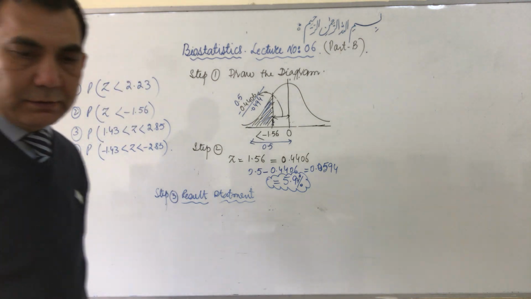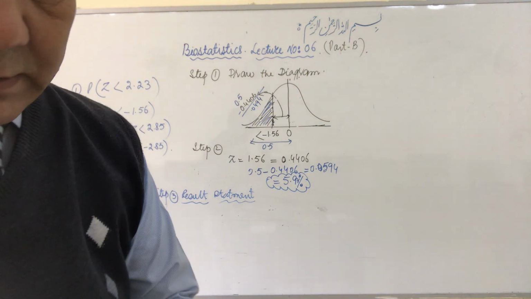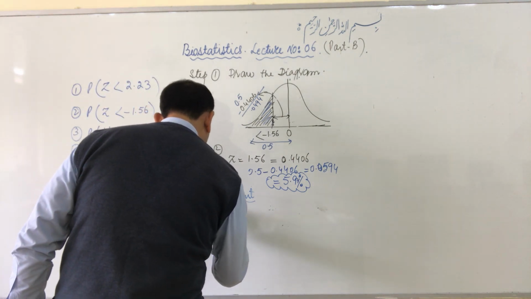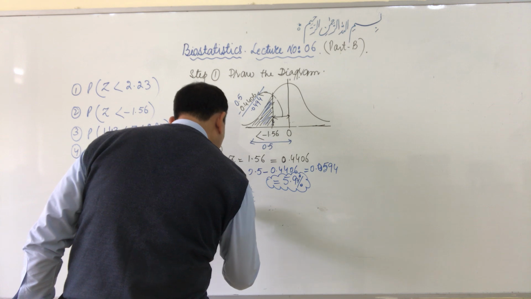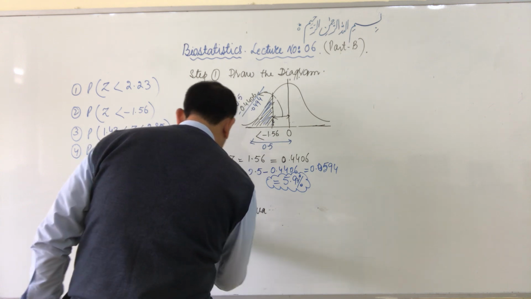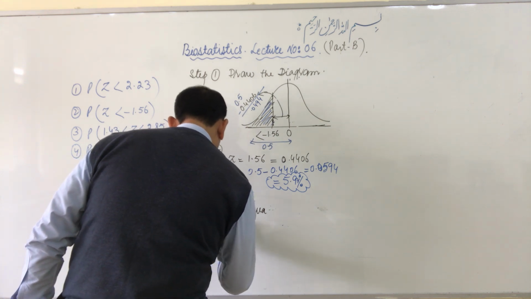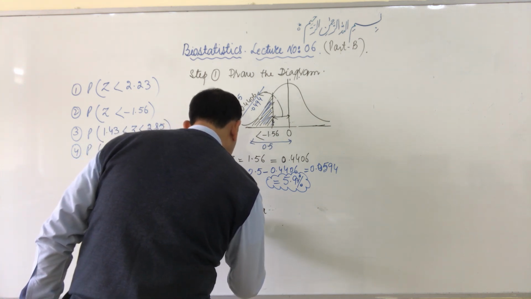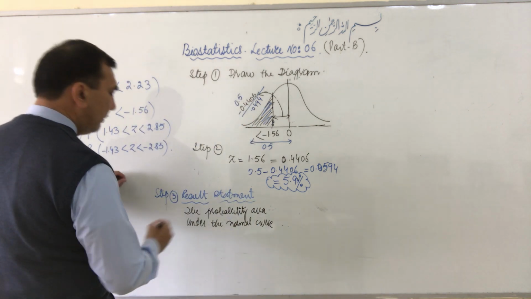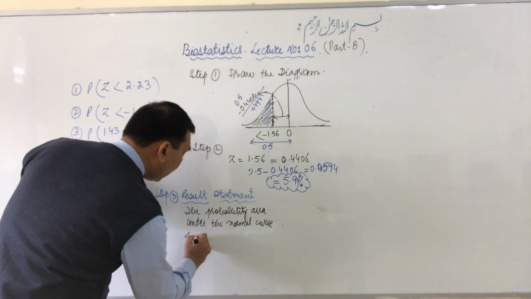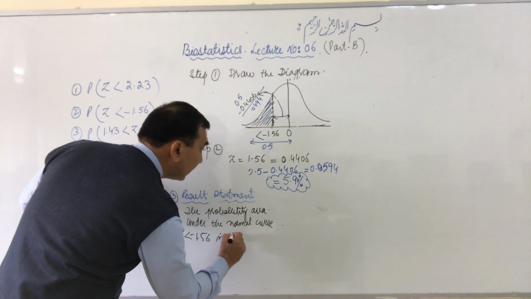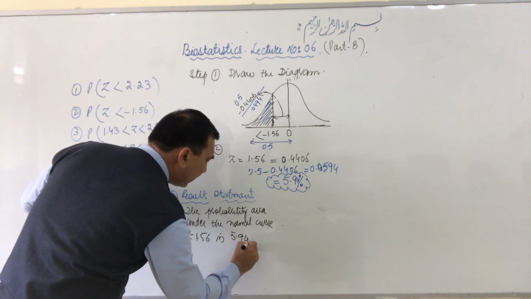We say that the probability area under the normal curve below minus 1.56 is 5.94%.